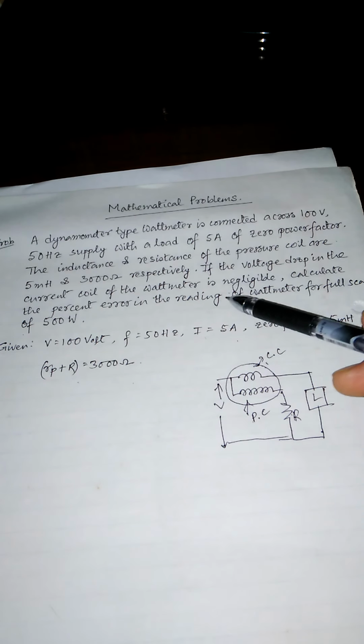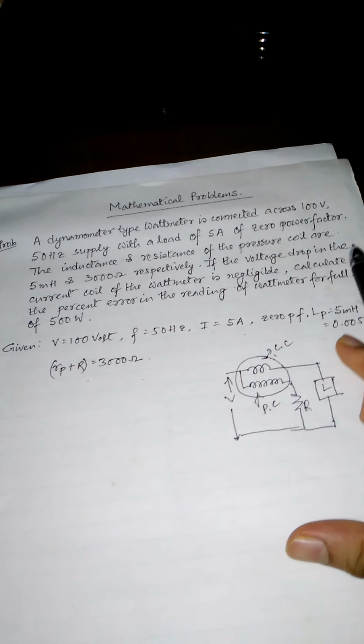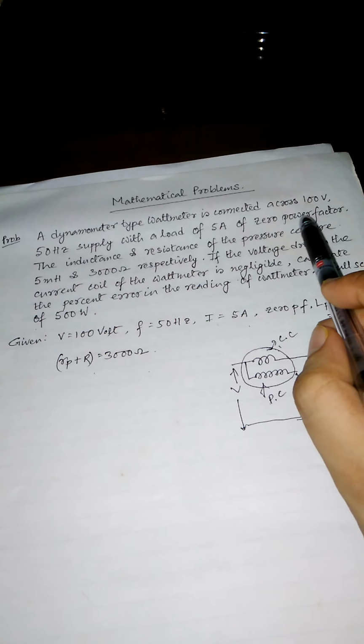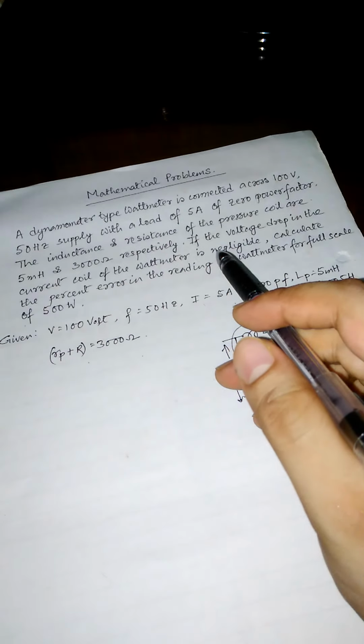Now as per our problem, this is a 0 power factor application, where the power factor is 0, that means cos phi is 0.